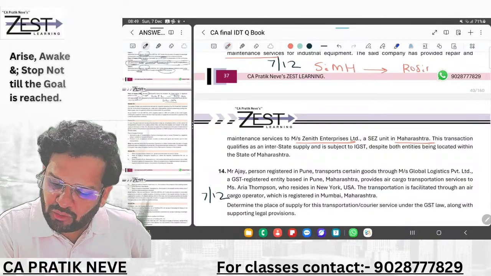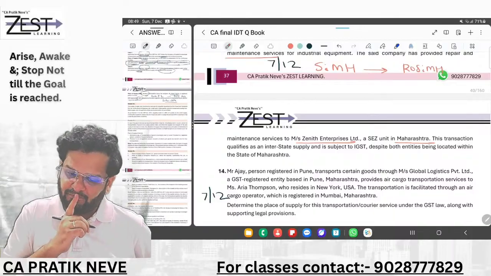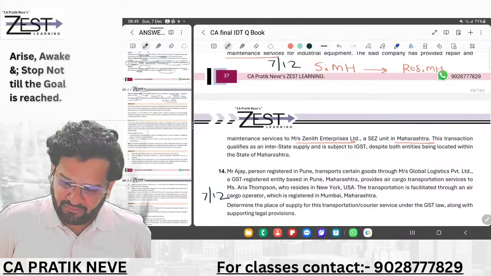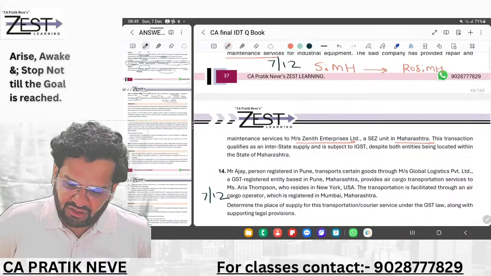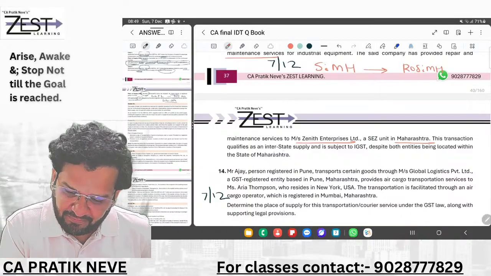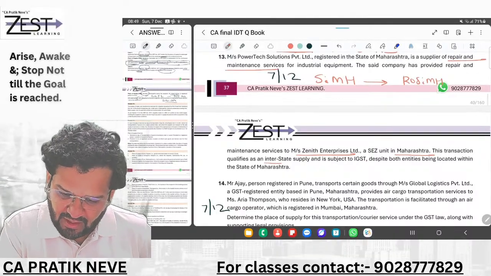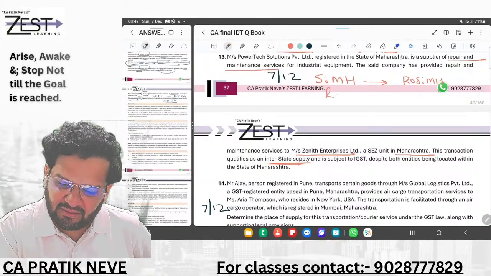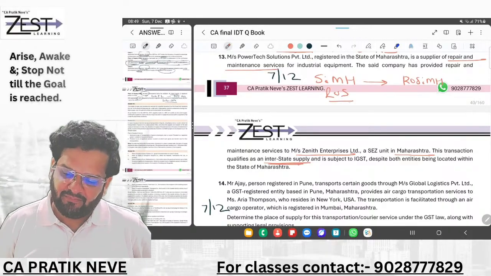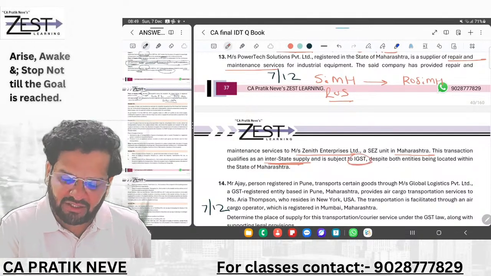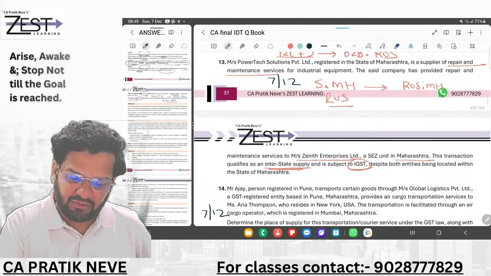ROS is also in Maharashtra, but the only point is, it is an SEZ unit. This transaction qualifies as an interstate supply and is subject to IGST.